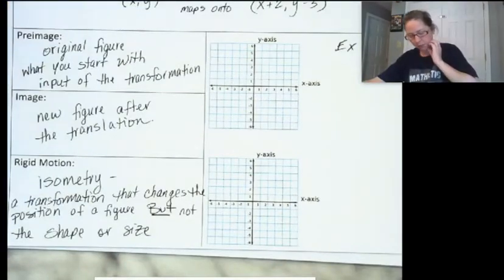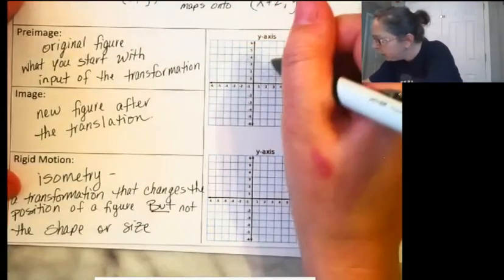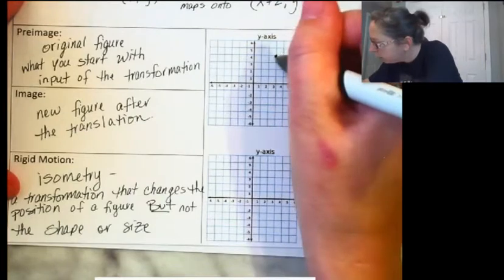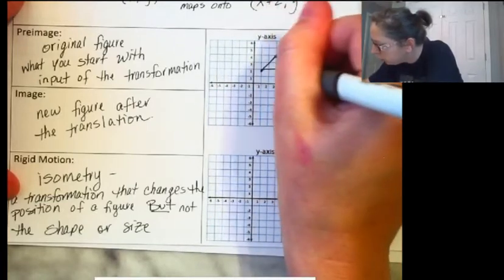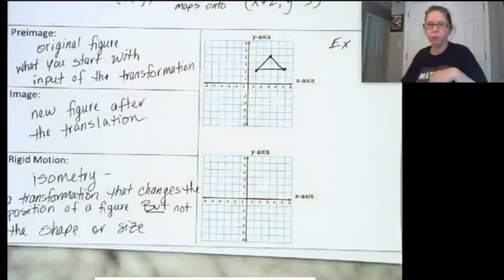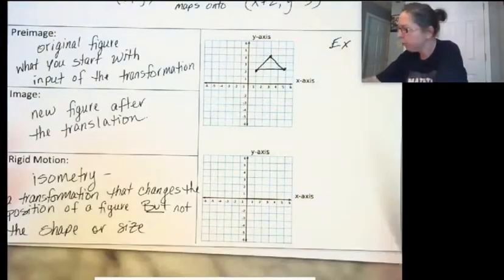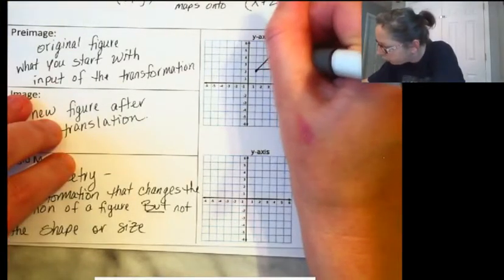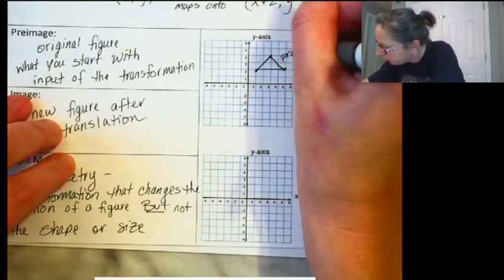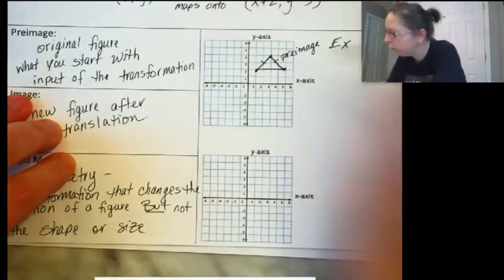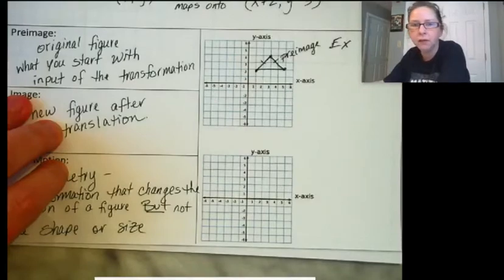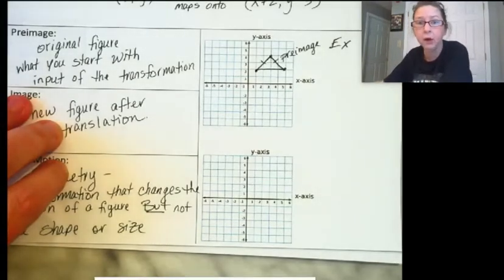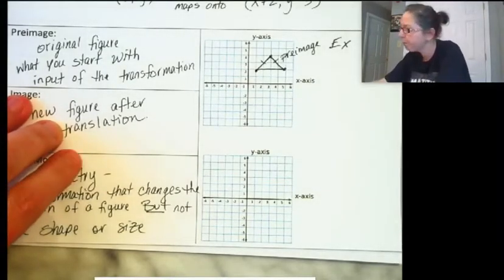Okay. So I am going to just draw a figure. Okay. So this is my pre-image. This is what I'm starting with first. And when I put these little dashes, it means that those sides are congruent to each other, meaning that they're equal in length. All right.